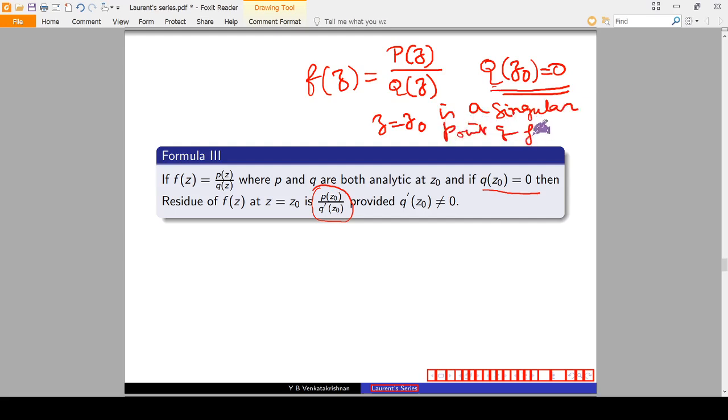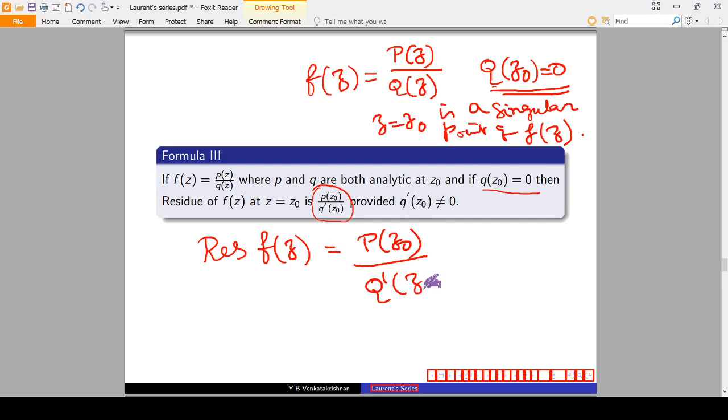But of course, if you want to use the formula, it will be like this: residue of f of z will be p of z naught by q dash of z naught. Here this q dash of z naught is not equal to 0, that you have to keep in mind.